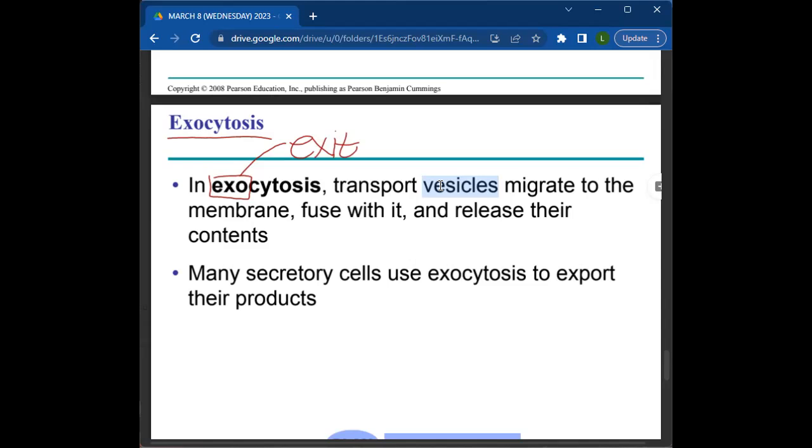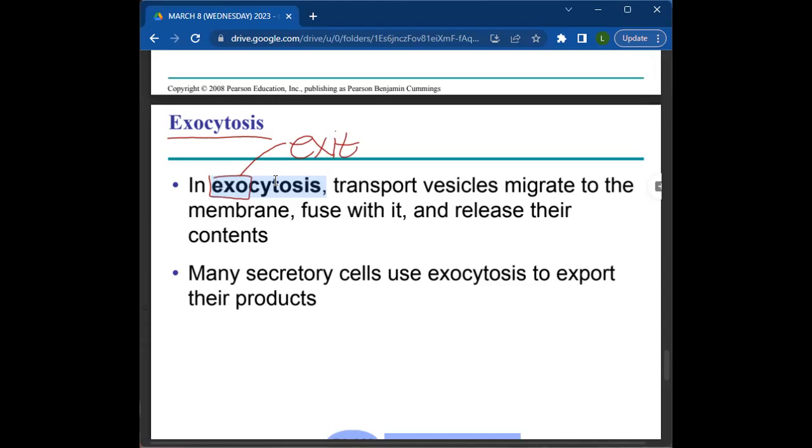So the pancreatic cell will package up those digestive enzymes into a vesicle, and then that vesicle will travel to the cell membrane and it will open up and dump it out of the cell by exocytosis. And then those digestive enzymes are going to be released into a pancreatic duct, and then the pancreatic duct will travel to the small intestine, and there you go.